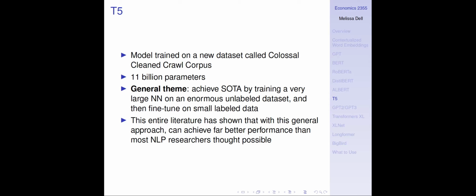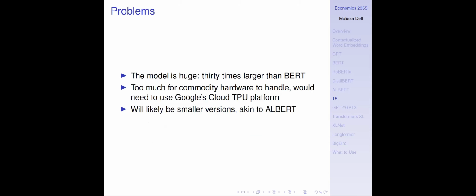This literature has shown that this approach is incredibly powerful. It can achieve performance that most NLP researchers 5 years ago would not have thought possible. But you might see certain problems with this. Good luck running a model with 11 billion parameters on your computer.